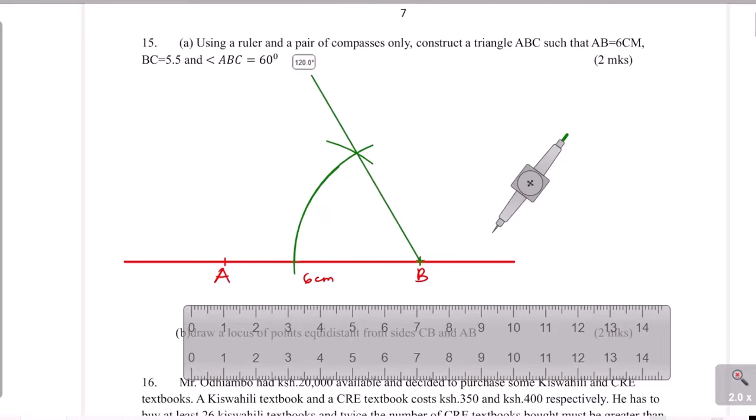You need to be very careful using a straight line. So this will be 60 degrees. Then AB is equal to 6 centimeters. Then BC should be 5.5. So what I need to do, you need to take a pair of compasses, then go to the ruler, then take that measurement of 5.5.